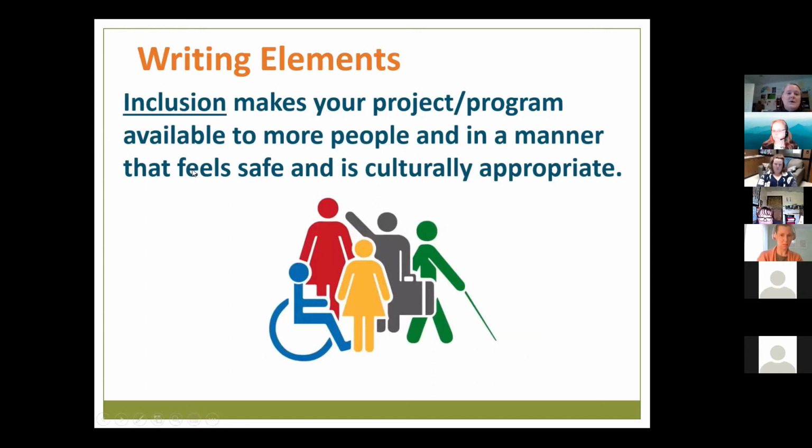So the next one is inclusion. And inclusion is about making your program or your project available to more people in a way that's safe and culturally appropriate. So there's a little bit of overlap, or can be, with diversity here, but let's take the gardening and nutrition class and now think of what are ways that we could make that class more inclusive.